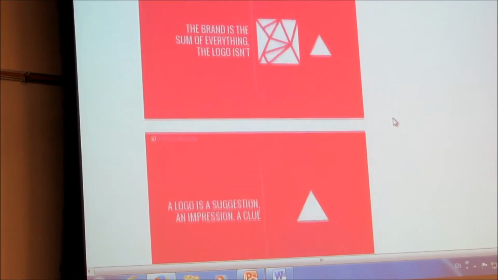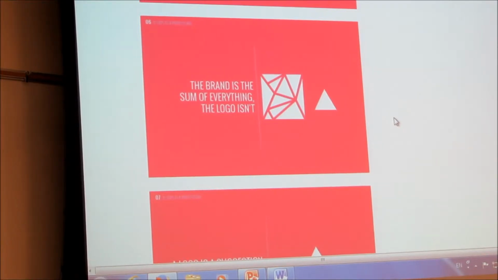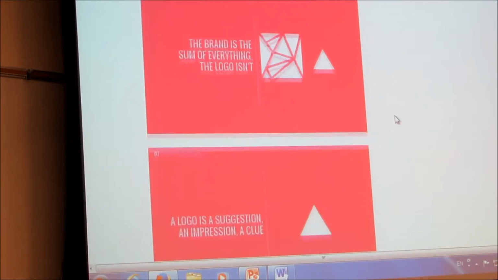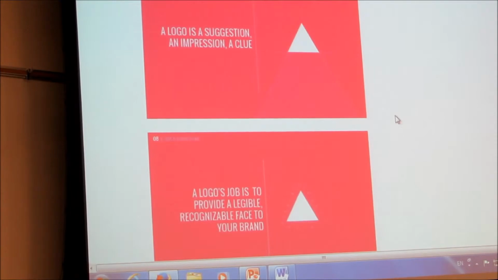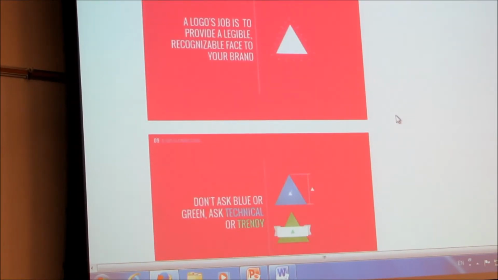Like I said before, your logo is a hint of what your whole company is. The brand is the sum of everything the logo isn't. A logo is a suggestion, an impression, a clue. It's the face of your whole company.